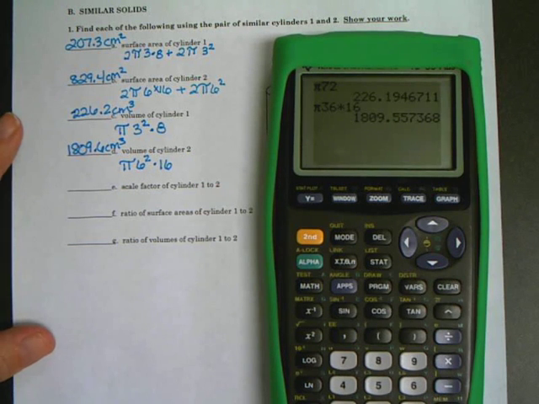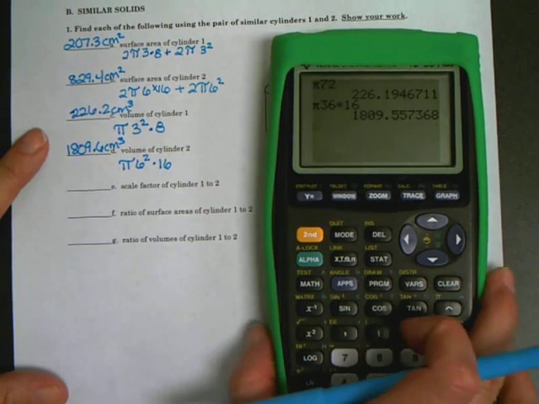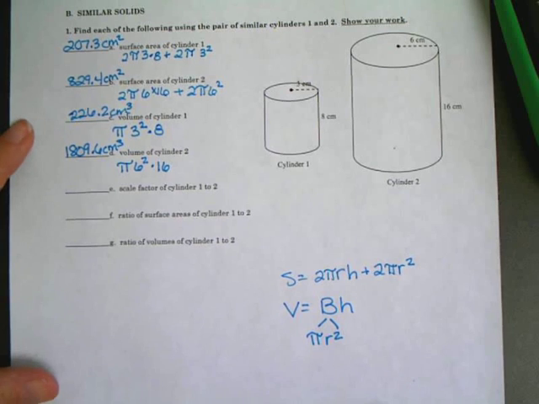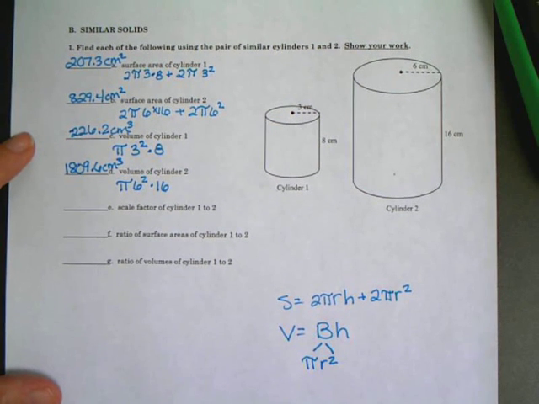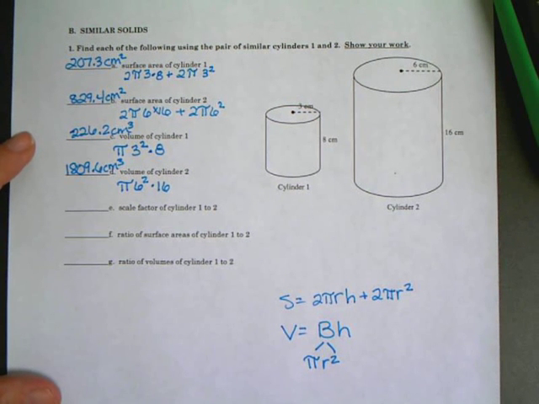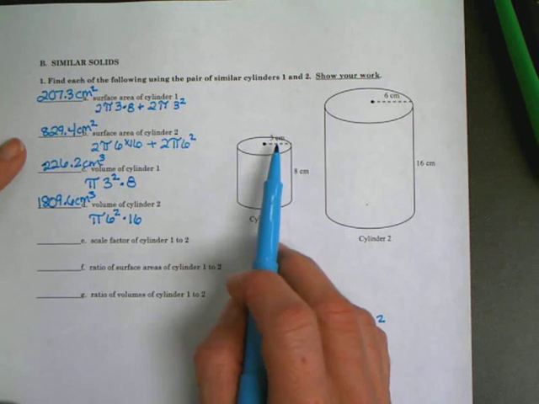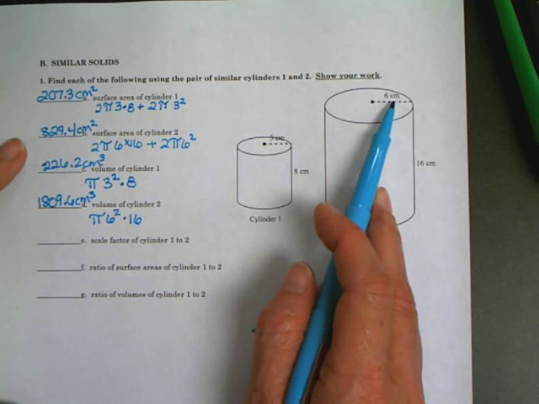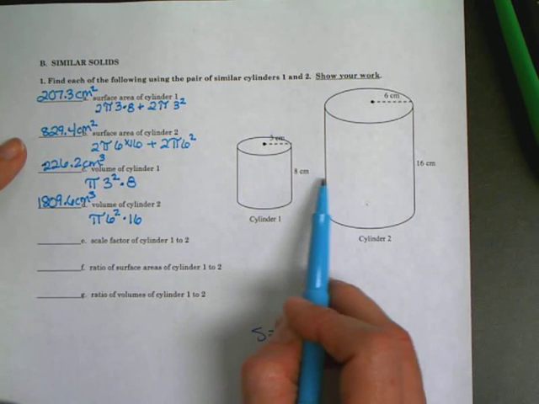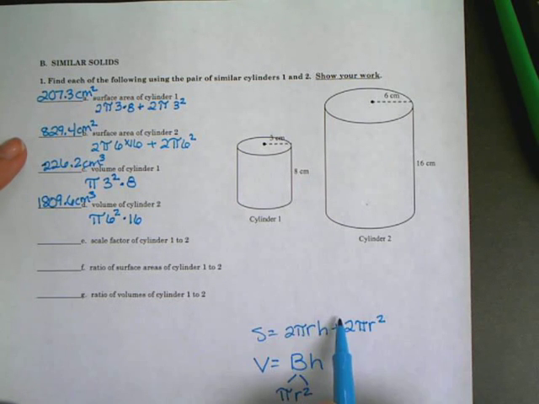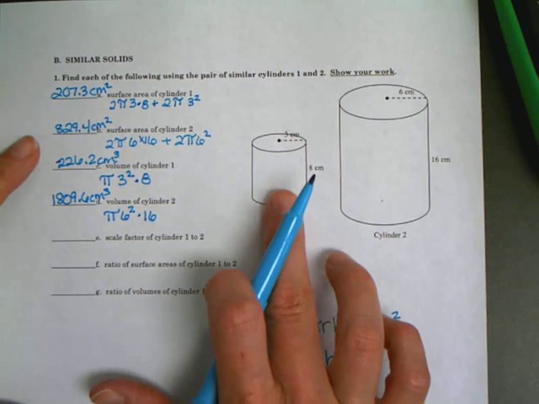All right, now, scale factor of cylinder 1 to cylinder 2. Let's go ahead and compare. What we've done is the radius, if you notice, it's been doubled. The height, 8 to 16, has been doubled. So from cylinder 1 to cylinder 2, you could say 3 to 6, which reduces down to 1 to 2.